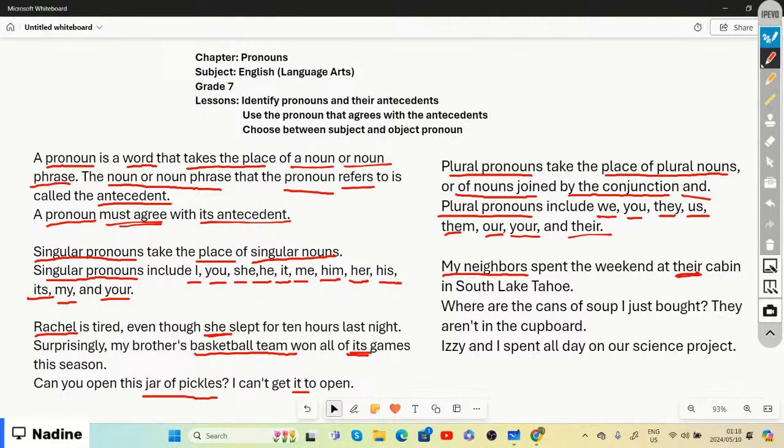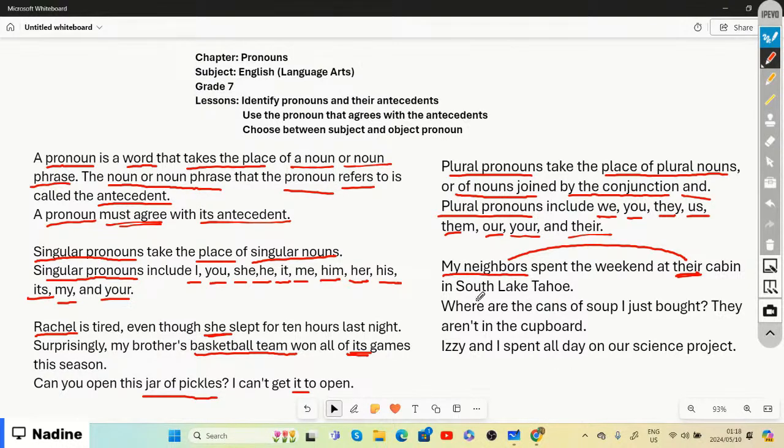So the pronoun they, it agrees with my neighbors, right? Because remember we said that the pronoun needs to agree with the antecedent, which is the noun or the noun phrase. So they refers to my neighbors.